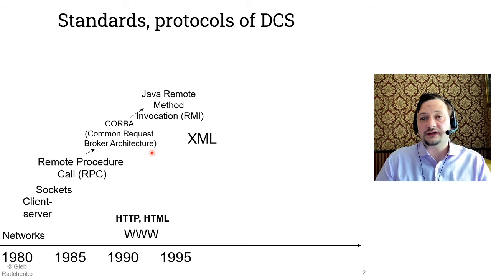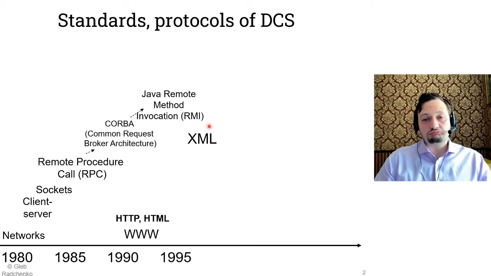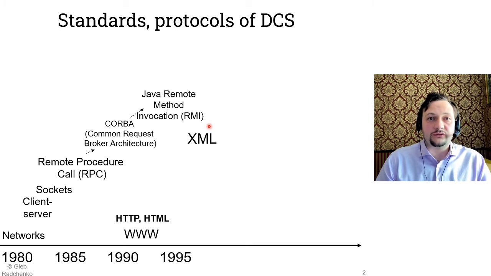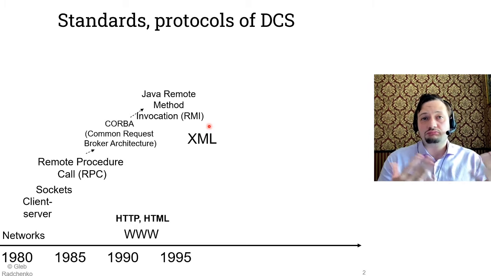In 1995, a new age of technology started to arrive. Java took over the world, and they developed their own way to organize communication. They called this Java Remote Method Invocation. When you use Java on the client and on the server, on all sides, that's great, you can use remote method invocation, and if you use only Java, that is good for you.